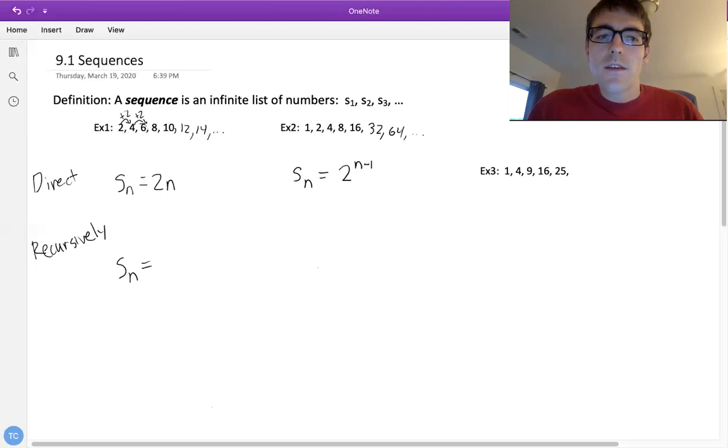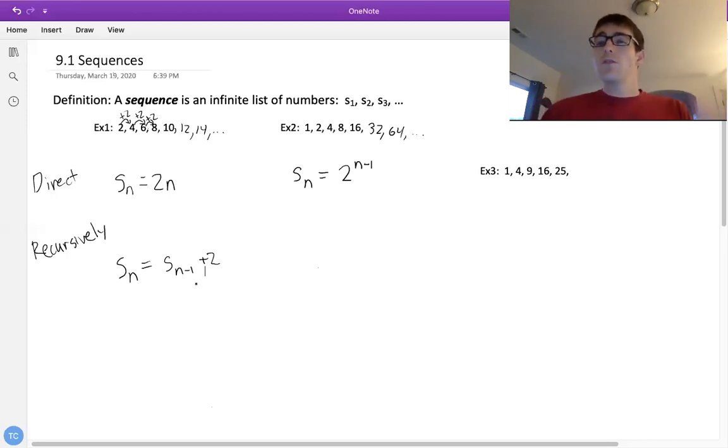And this applies throughout our sequence. So another way of writing that would be that the nth term is the previous term plus 2. So you take whatever you just had and you add 2 to it.